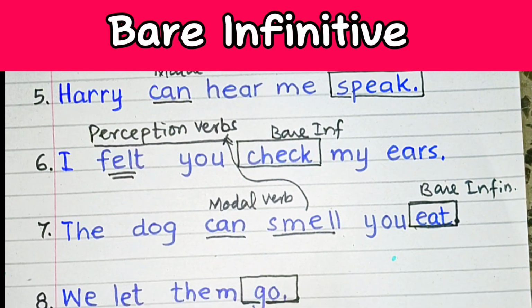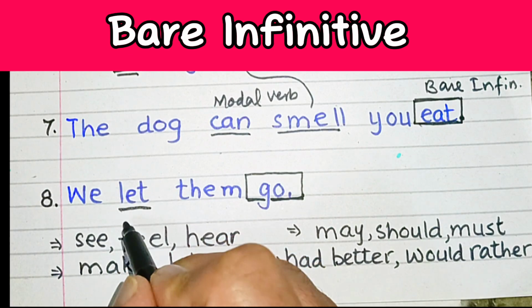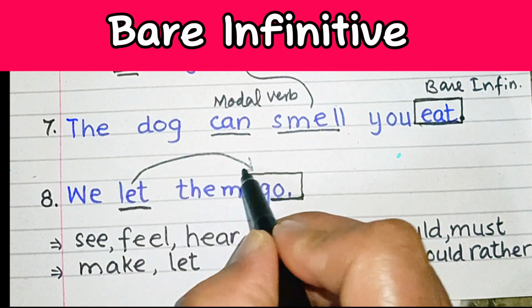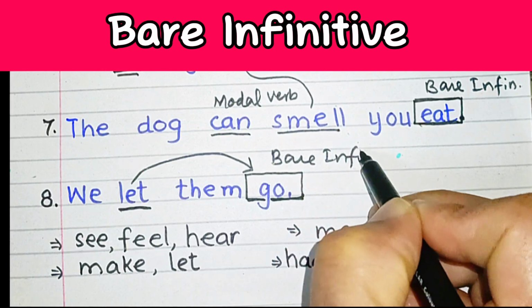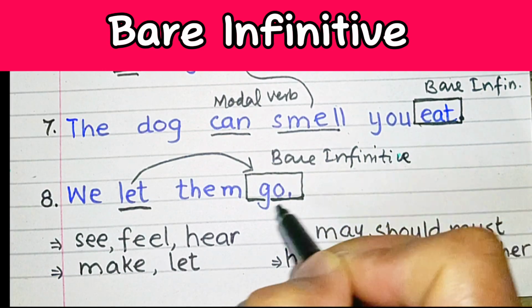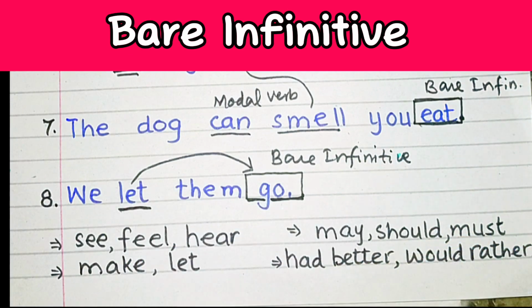And sentence number 8, we let them go. As mentioned earlier, the word let is followed by a bare infinitive. We let them go instead of saying we let them to go. That will be totally wrong.